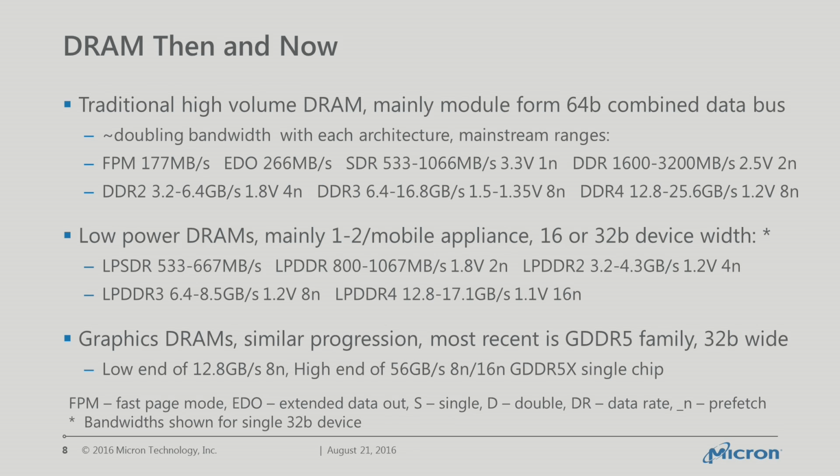Low-power DRAMs have had a similar progression. I actually was the lead architect on the LPDDR2, which was the first, I think, really high performance of the low-power parts. And then the graphics DRAMs have had a similar progression, now culminating in a 14 gigabit per second GDDR5X, which, who thought DRAM could ever run that fast, right?